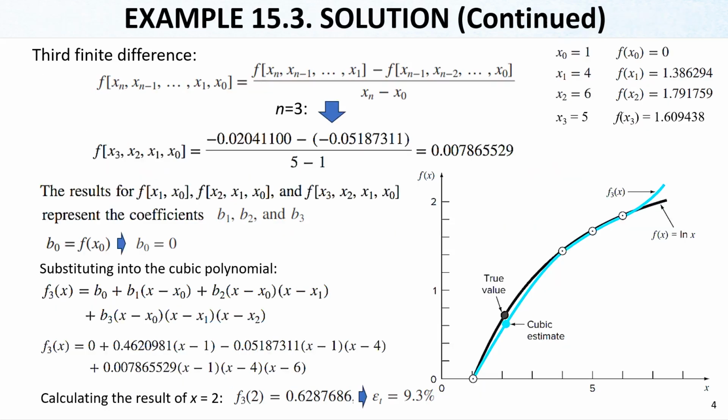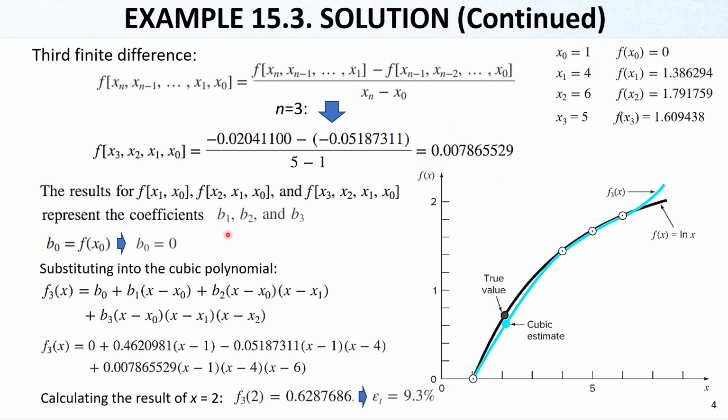If we continue to the third finite divided difference, we are using the second finite divided difference values here. This one minus this one divided by 5 minus 1, which is the third and zeroth data actually. And we obtain the third finite divided difference value.